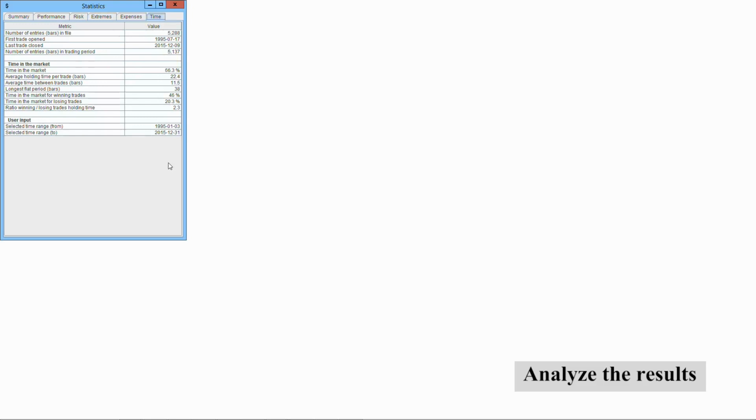Use these statistics to improve your trading system. If you hover the mouse over a metric item, a tooltip pops up explaining its meaning. As you can see, even with this very simple trading system, we are in positive territory, that is, it is profitable.